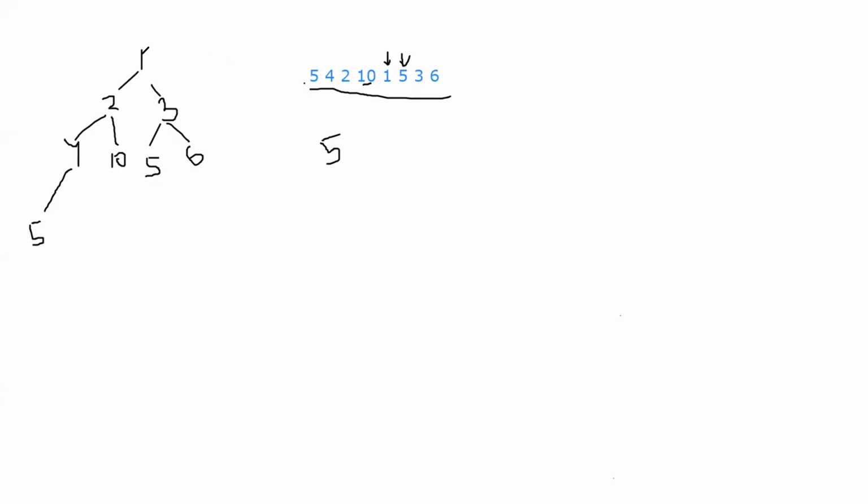So to find the predecessor of 1, or the current node which we are at right now, go towards its left and then keep on going towards its right till you're able to find the rightmost node.